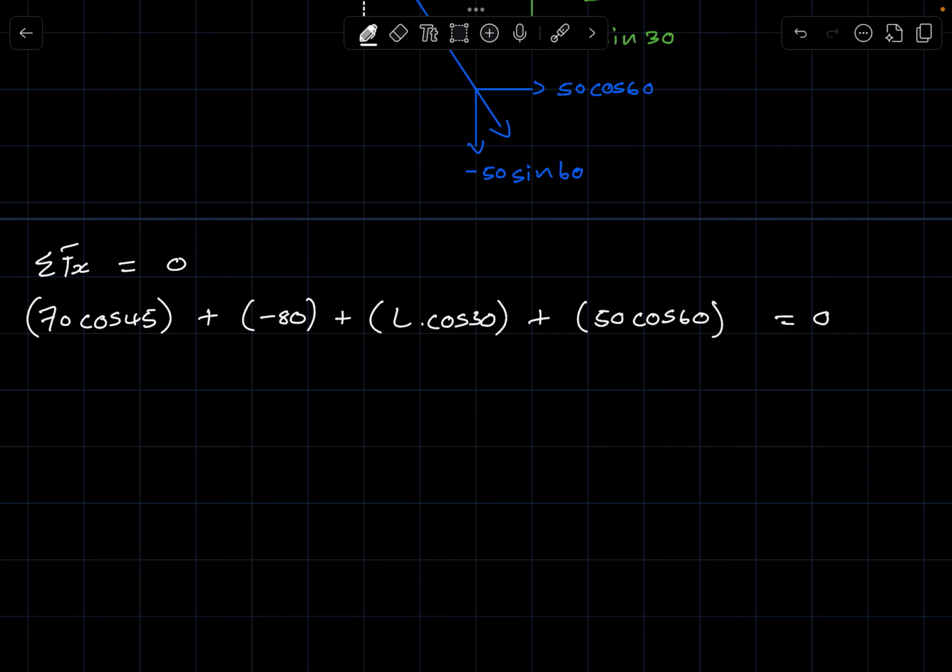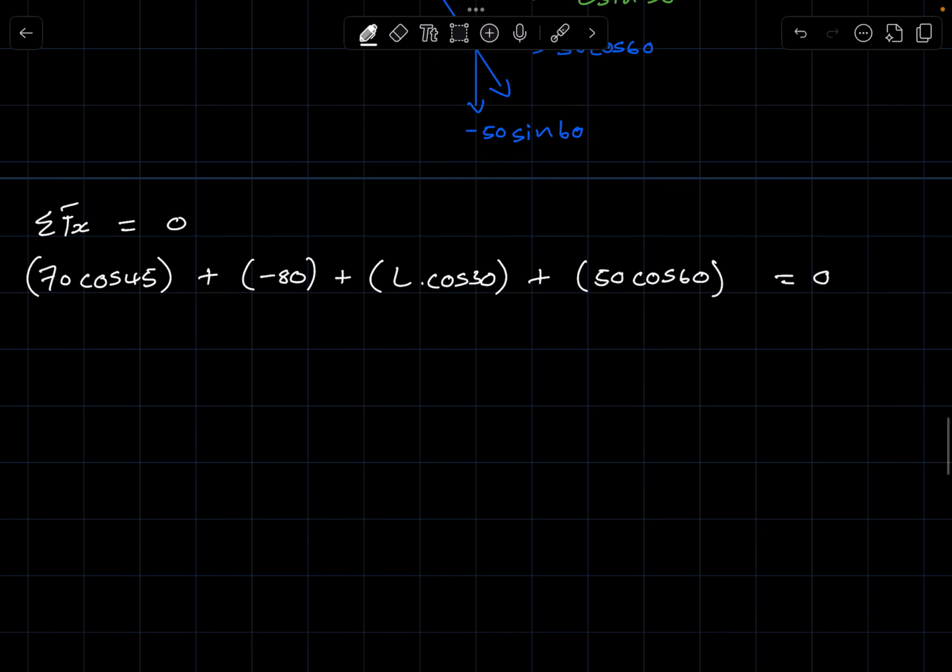All this is equal to 0. Now, obviously, if you look at this algebraic expression, you only have one unknown. So we add the like terms, which is this term, and this term. And then this one, cos 30. If you punch that in your calculators, you're going to get 0.866 times L. And then if you add these like terms, you are going to get negative 5,503. All of this is equal to 0.